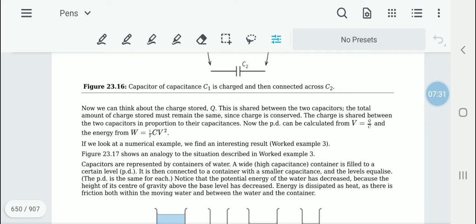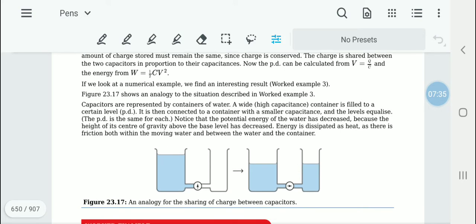We can actually represent this using containers of water, right? Here the width shows how much capacitance it has. In the first diagram, as you can see, only one is charged. This one has a higher capacitance.